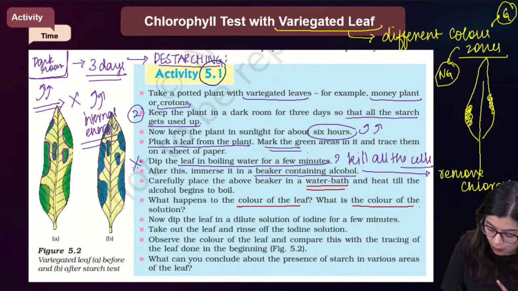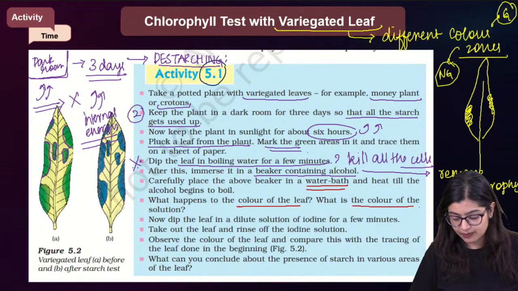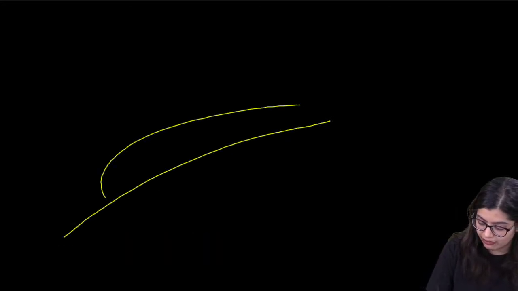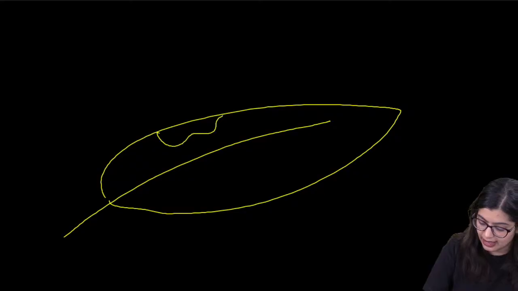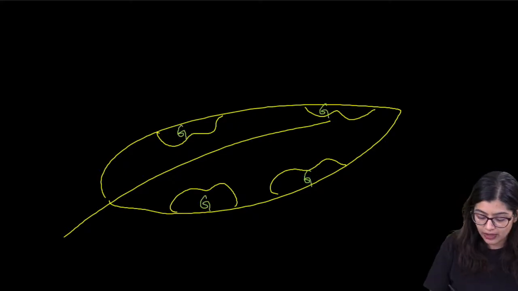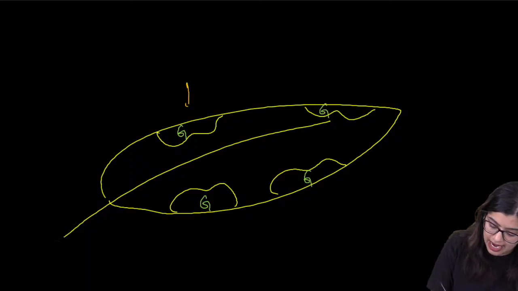Yes? Now once I do all these steps, in the portions which I marked as green... imagine this is my leaf, my variegated leaf. These were my earlier green portions. Now what will I do? I will add a few drops of iodine, right?